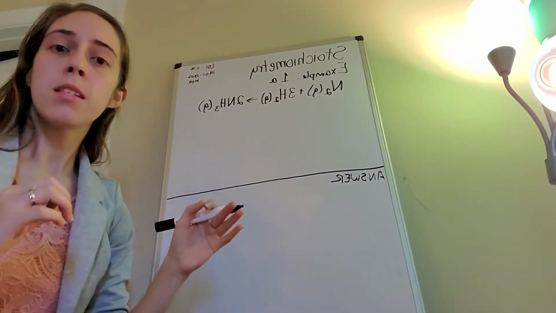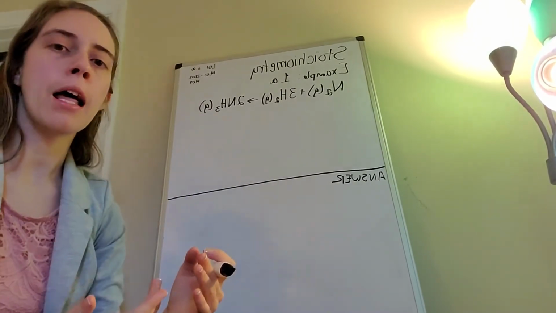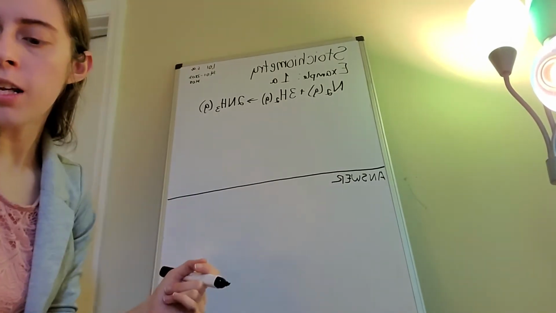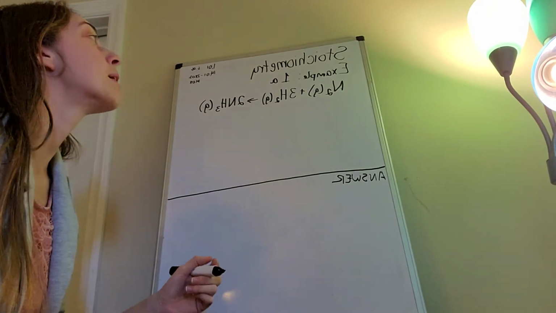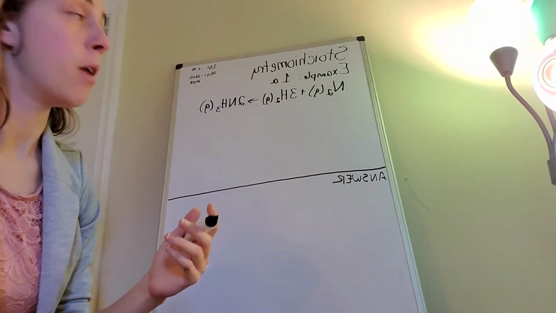Okay, so step one is interpret this chemical equation in terms of atoms, molecules, formula units. Okay, so how we're going to start is we look at how many molecules of N2 we have, and we have one.